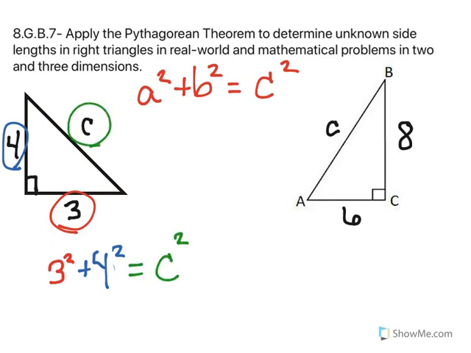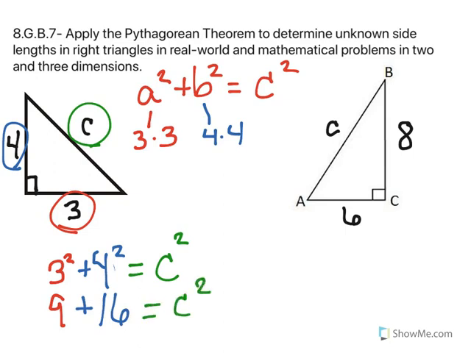So that's c squared. Now, following the order of operations, we would do exponents first. So 3 times 3 is 9, not 3 times 2, 3 times 3. Remember that little 2 means to multiply by itself twice. Okay? So we have 3 times 3 is 9, and then we're going to have 4 times 4, and that's 16. And we know that that equals c squared.